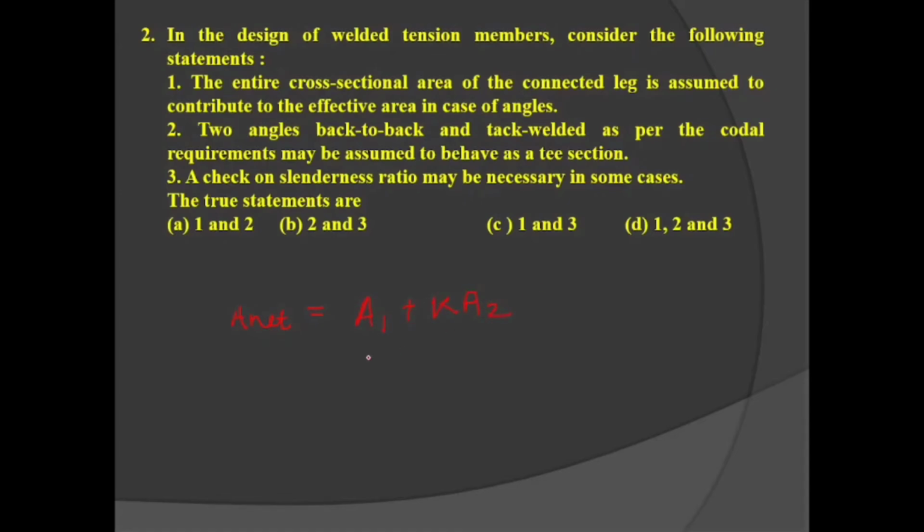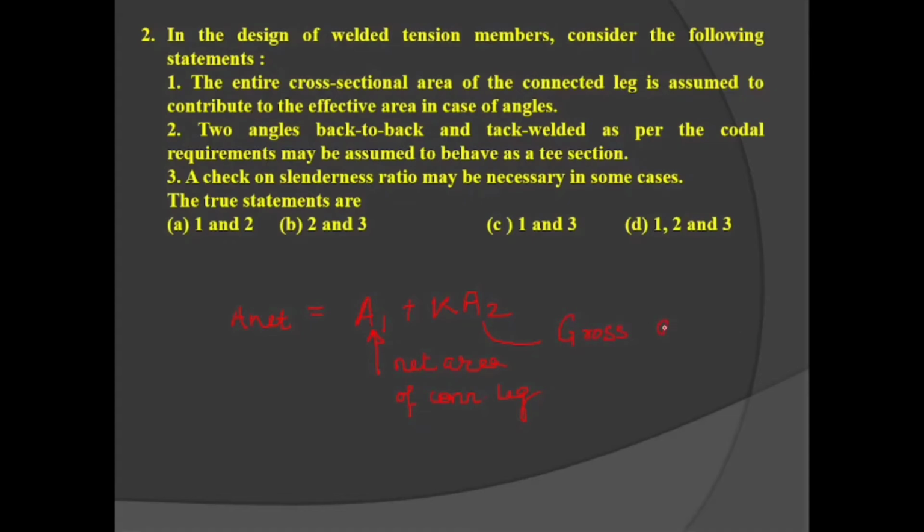We had discussed this in our theoretical discussion. A1 is the net area of the connected leg, because rivet holes are deducted.